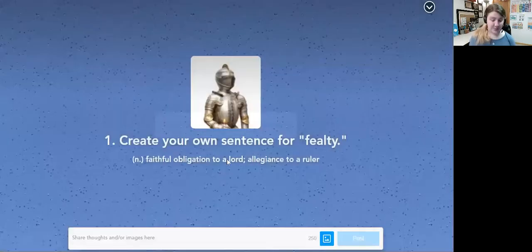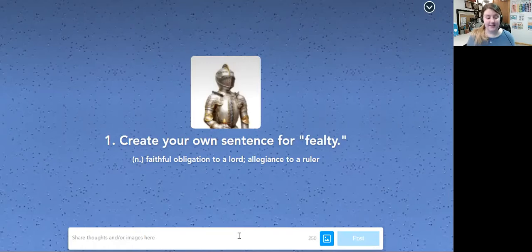So what you'll do is type in the box down here your own example sentence, and we usually take turns going through the class, but anyone who has an example sentence they like is welcome to put it up on the board for everyone to see. Now I'm going to just type one in here and we'll go from there and see what we have. So fealty was important to the structure of medieval society.